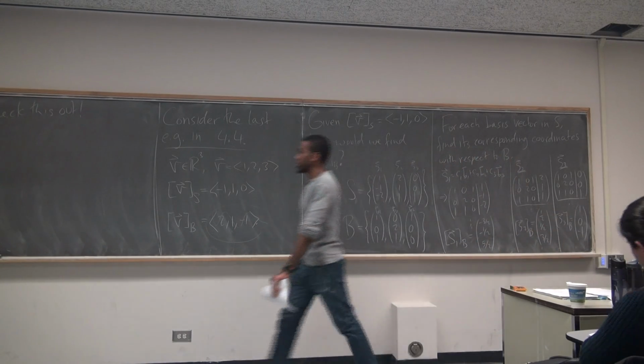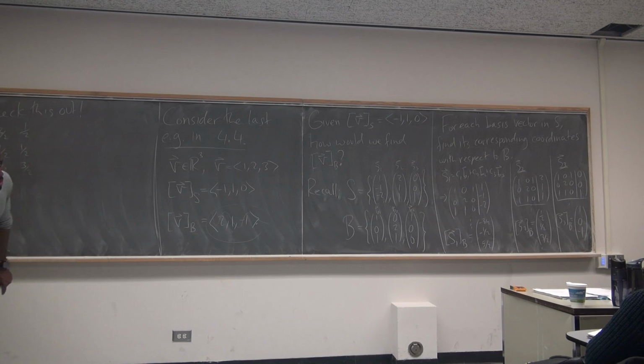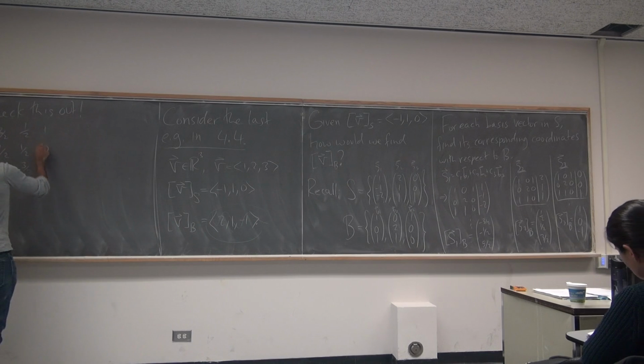Throw them in a matrix. So the first one was (-3/2, -1/2, 5/2), then (1/2, 3/2), and (1, 0, -1).